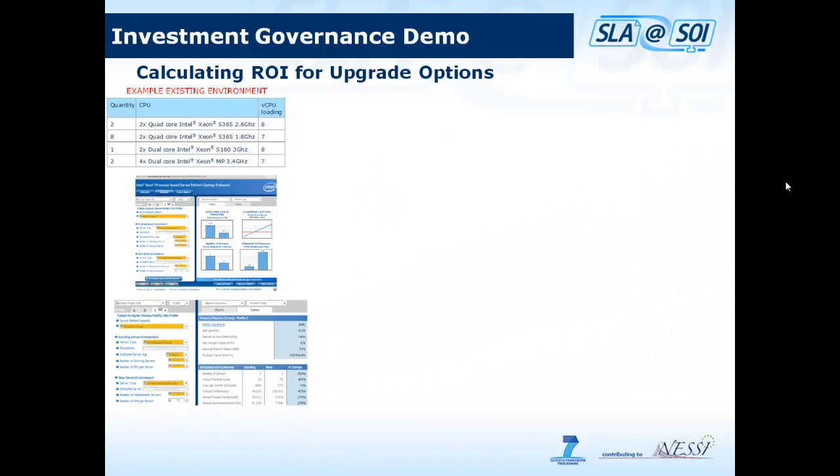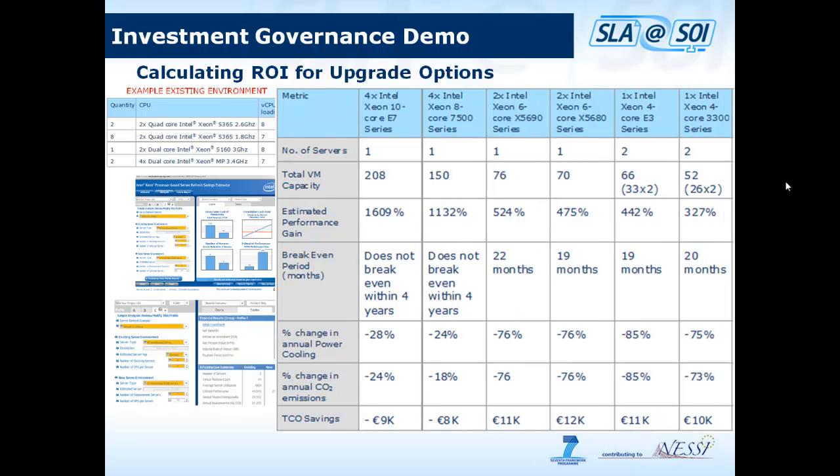And we basically use that to generate an Excel sheet, which we're just showing here. This Excel sheet is showing us the ROI, how many servers will be required to replace our current environment, the total virtual machine capacity of that new environment, the estimated performance gain of that environment, the break-even period in months. Now, the break-even period in months is based purely on the cost of infrastructure and depreciation.